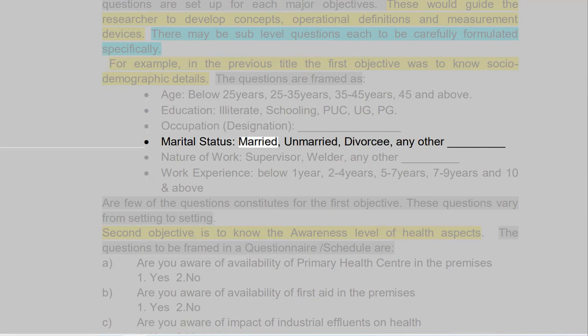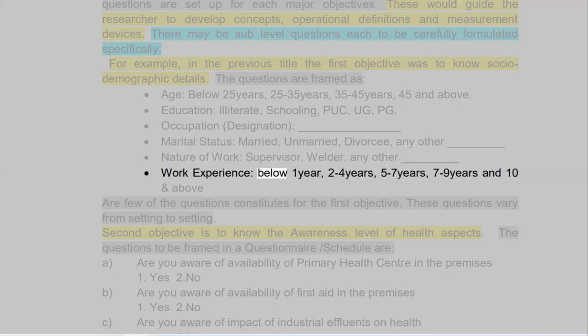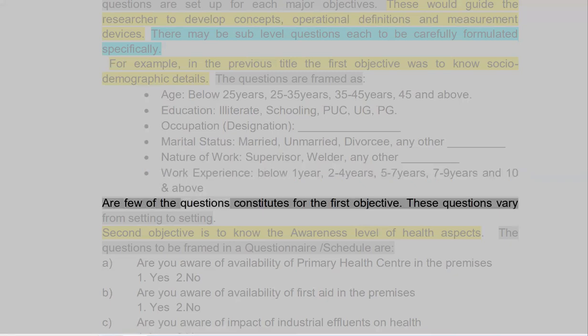Marital status: married, unmarried, divorcee, any other. Experience: below 1 year, 1-3 years, 3-5 years, 5-7 years, 7-9 years and 10 and above. These are few of the questions that constitute the first objective. These questions vary from setting to setting.